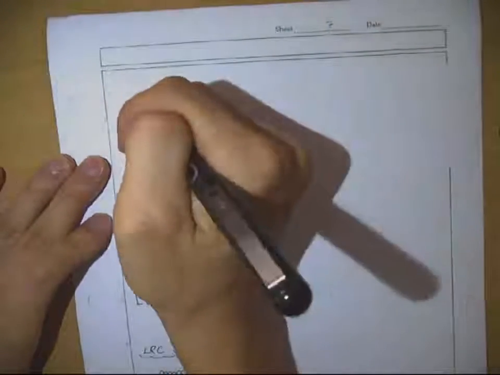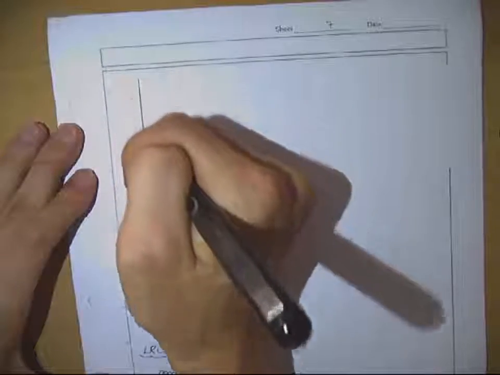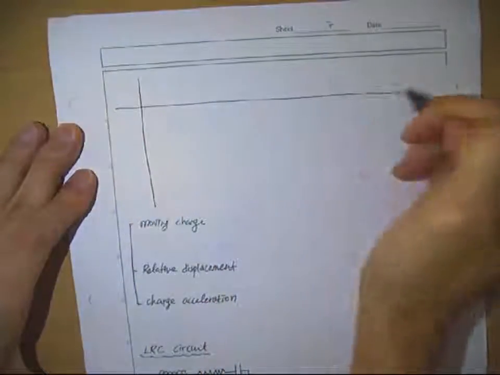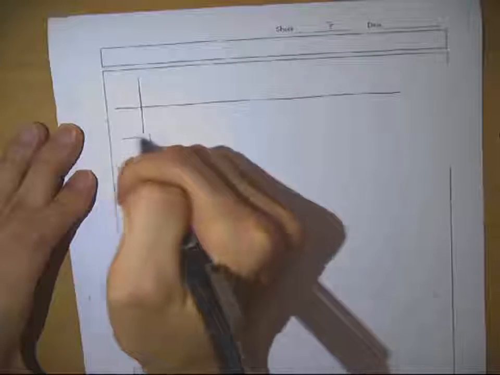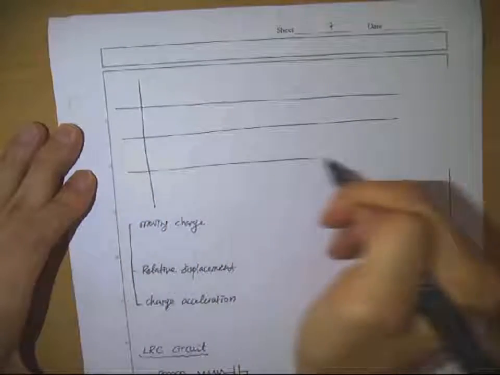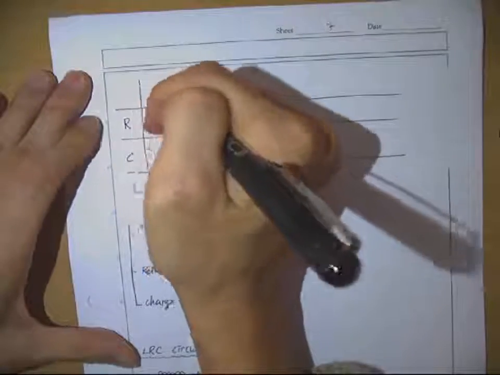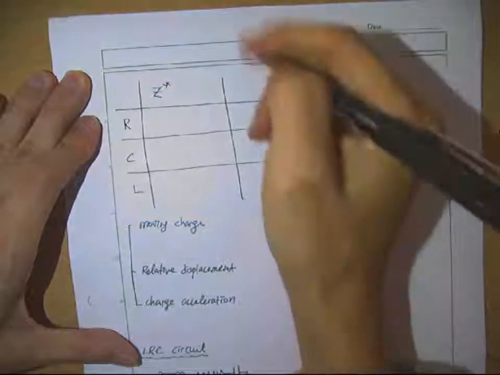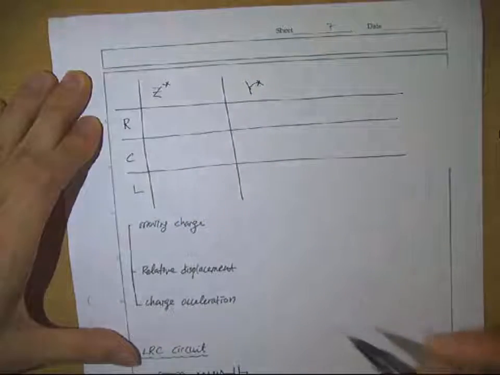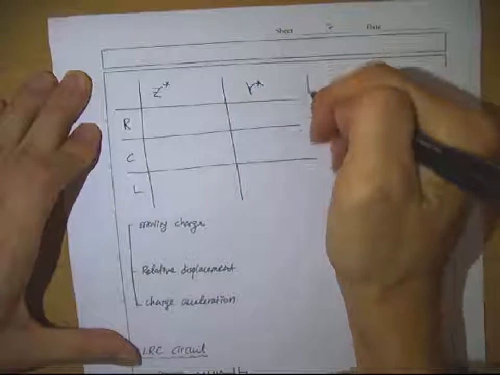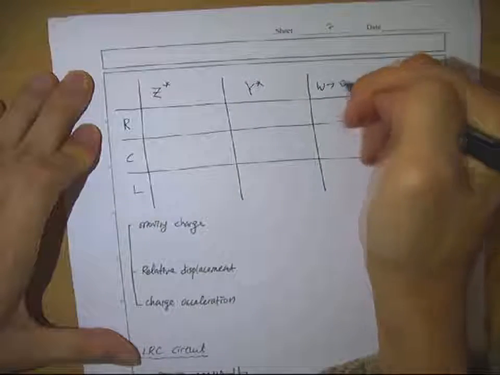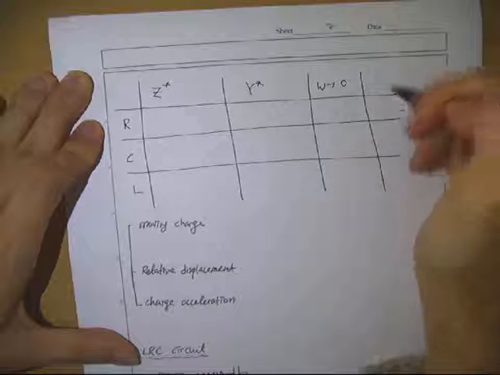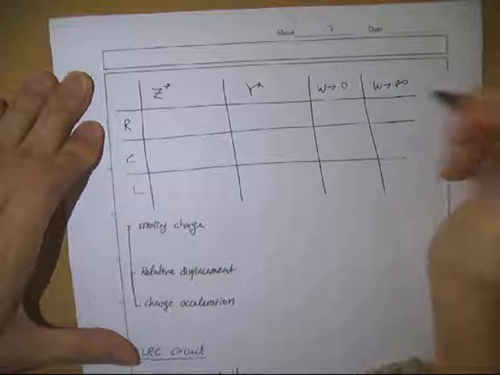We have looked at the RCL, and we can have the complex impedance and complex admittance when the frequency goes to 0 and when the frequency goes to infinity.